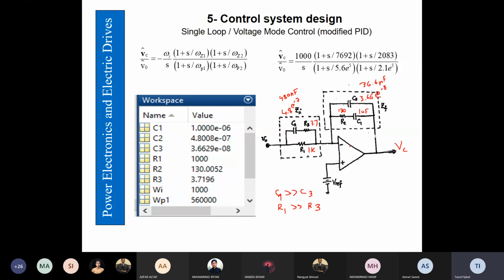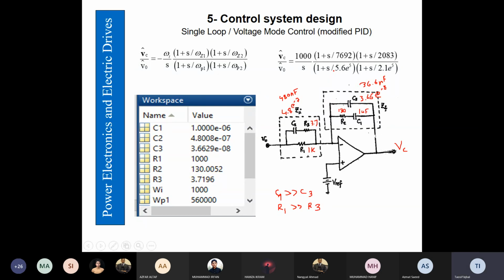So this is how we get the values of R's and C's using the transfer function, Bode plot, and then including the pole and zero placement.